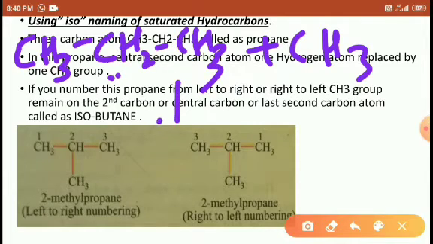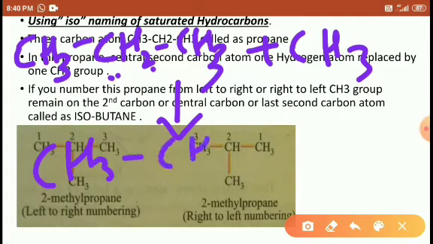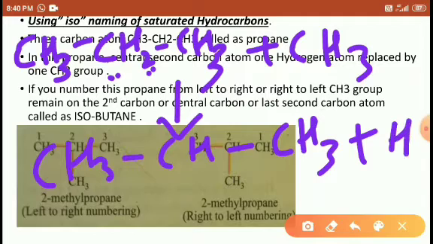So we remove one hydrogen from this place, so this CH2 becomes CH only, and this CH3 is added in place of the hydrogen.